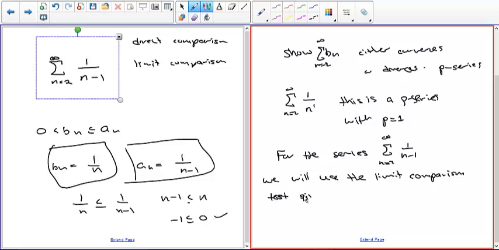Since we'll call it the alternate series, b sub n is the summation of b sub n from n equals 2 to infinity, equals 1 over n.